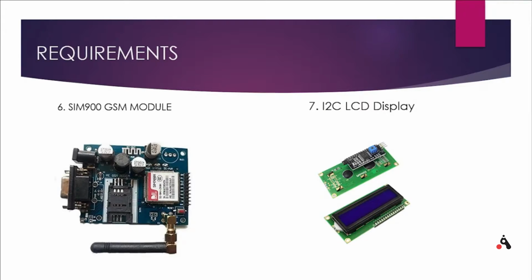The sixth requirement is a GSM module, which will help us in triggering the SMS alerts for this fire alarm system. And at last we will also need an LCD display which will show all this data: the current smoke value, the analog value of the smoke sensor, and the fire state, whether it is high or low, the state of the flame sensor.